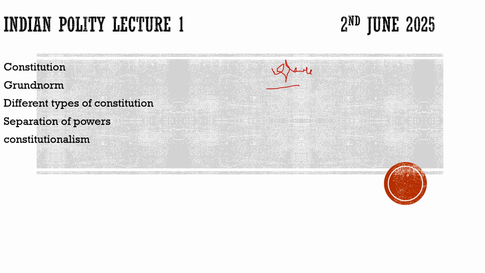Let's take the example of Islamic society. In Islam, the highest book is the Holy Quran. It sets the rules, the restrictions, the laws.